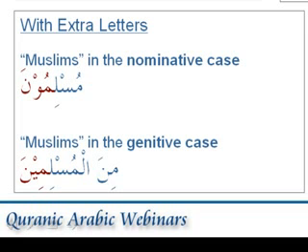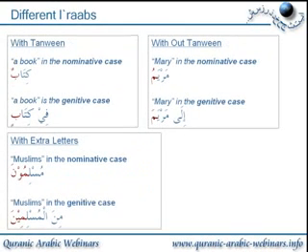Okay, so there we've got three different ways of the case or the state of a noun being shown, and there are actually quite a few more. This is just to give you an idea that we need to concentrate when we're learning all the future lessons.